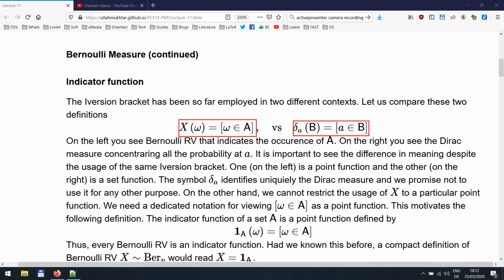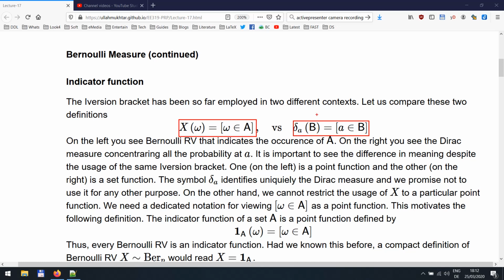On the right you have one interpretation, which is that of a probability measure, because Dirac is a measure. It's a set function. On the left side, the Iverson bracket is interpreted as a point function, because a random variable, in this case the Bernoulli random variable, is a point function.